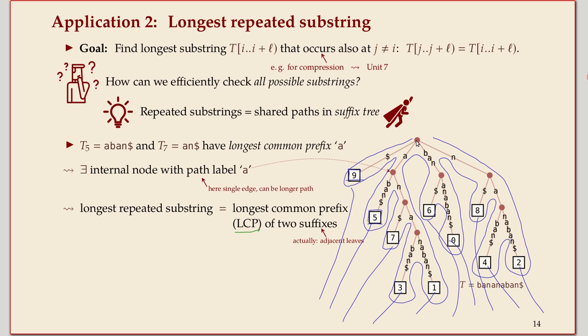So the left path follows only right edges after the first step. The right path follows only left edges after the first step. That will bring you to two leaves, and those are your two leaves for which that node's path label is the longest common prefix of those suffixes. We'll come back to that.